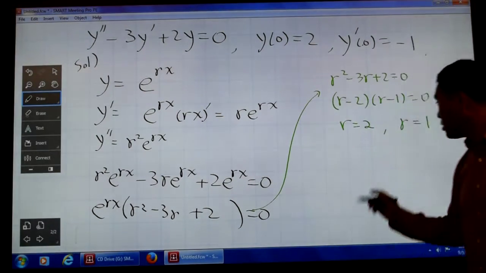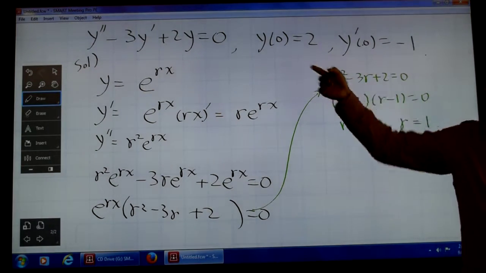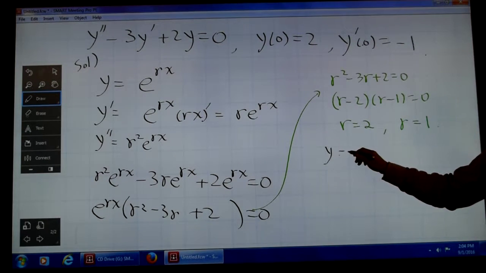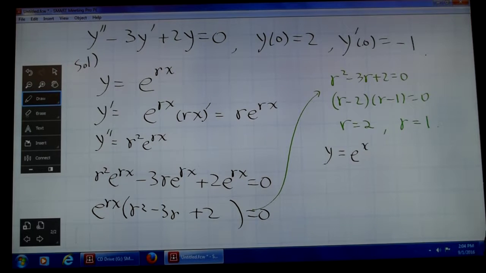Which means if you plug these r values back into the function, you know that y equals e to the x is one solution, and y equals e to the 2x. So for r equals 1, you get e to the x.